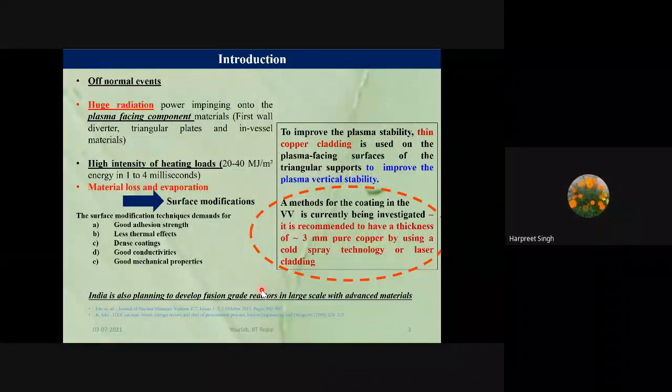That means we need good mechanical properties in terms of hardness and tensile properties. So India is also planning to develop fusion grade reactors on a large scale with advanced materials. India has a very ambitious plan to contribute to this tokamak development.